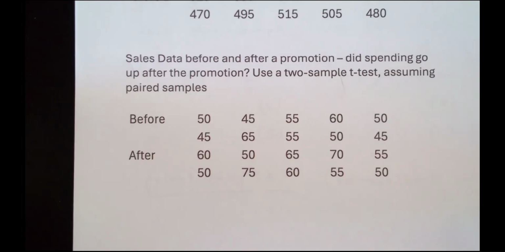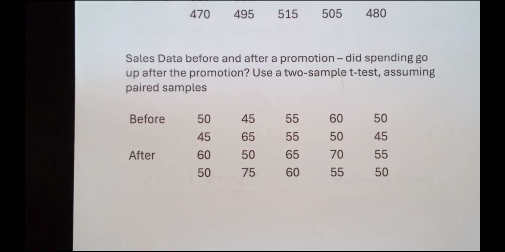So here, I have a spending promotion. Look at my sales data before and after a particular promotion goes out. Maybe in week 1, I looked at my sales, and on Friday or Saturday, I sent out an email to all of my customers and said, hey, next week, come in and get $3 off. And this is what happened. So let's run a t-test.